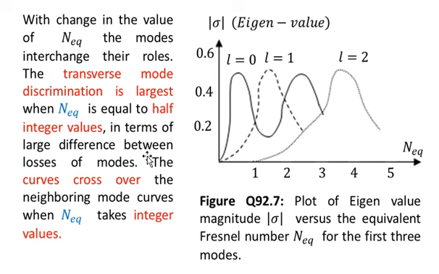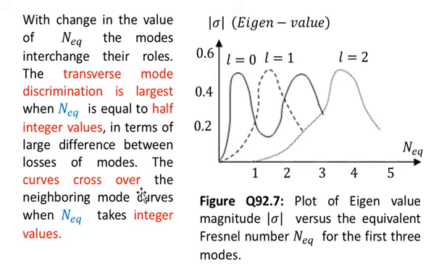So in terms of the large difference between the losses of the modes, the transverse mode discrimination is largest when N equivalent is equal to half integer values.